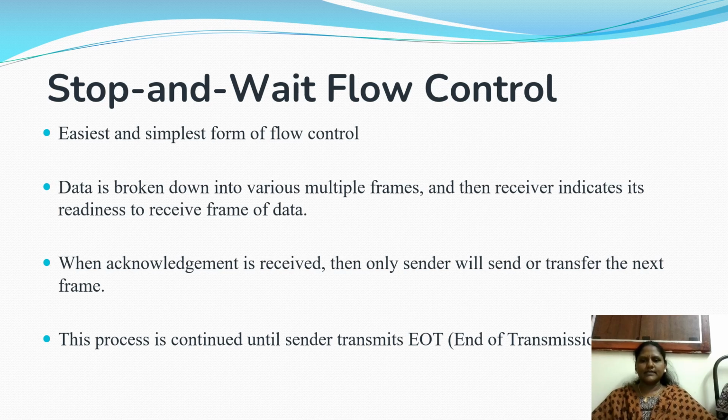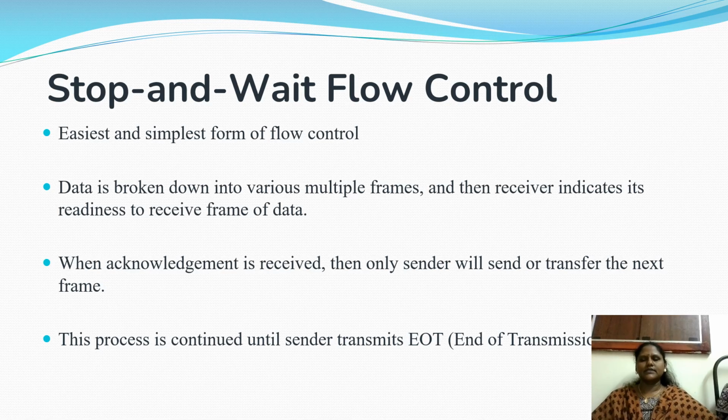Here in this technique, data will be broken into multiple frames and the receiver is going to indicate its readiness to the sender, that the receiver is ready to receive a frame of data. When an acknowledgement is received, the sender is going to send the next frame to the receiver. So the process is very simple. The sender transmits the data to the receiver.